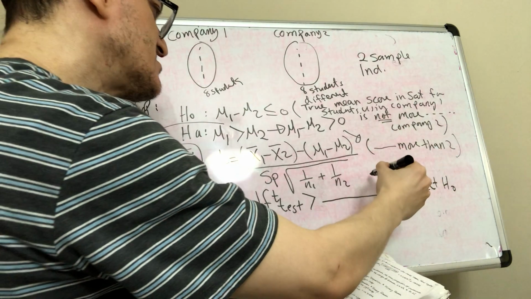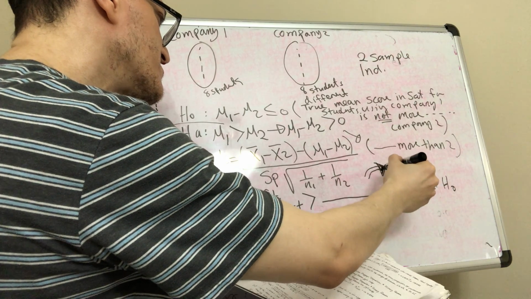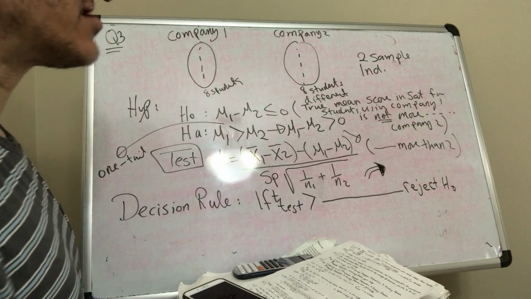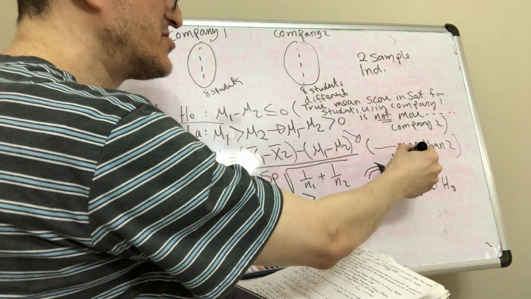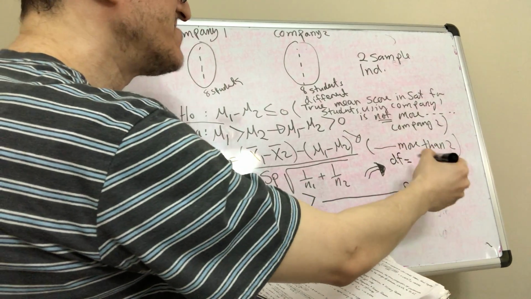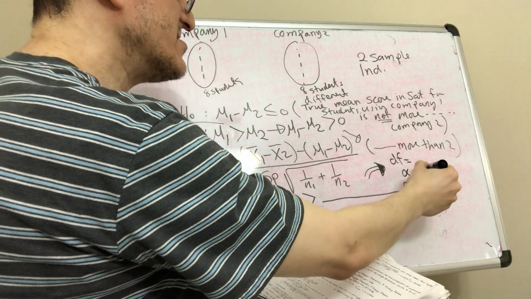Now, to get this number from the T table, again, you need degrees of freedom, and you need what alpha is.